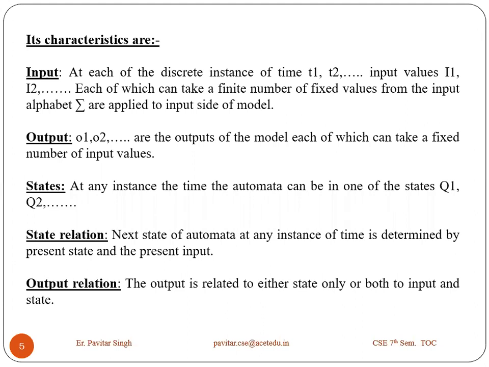The fifth characteristic says that the output is dependent upon state only, which will be written with Q, or your output may be dependent upon state as well as on the input, right? So these are the 5 different characteristics which will be used for automata.